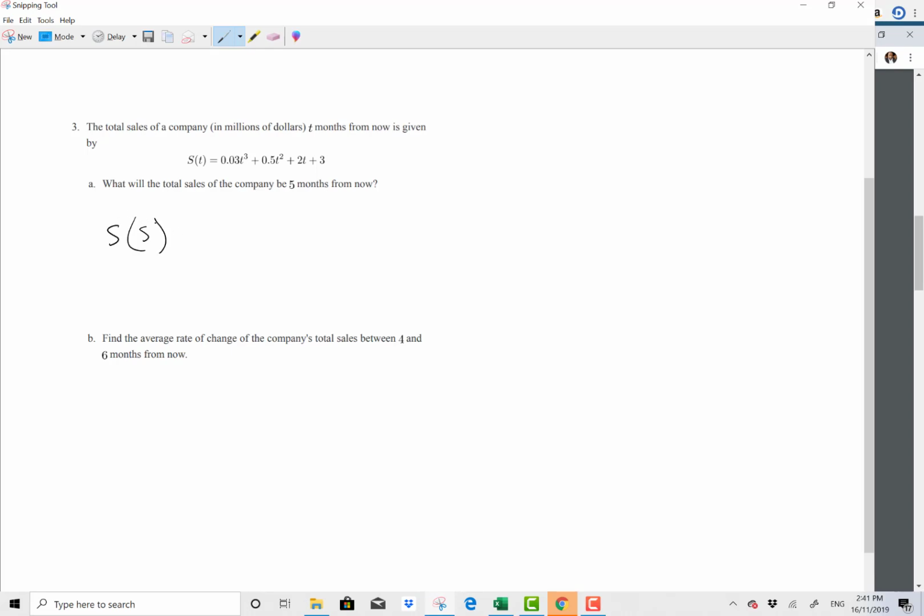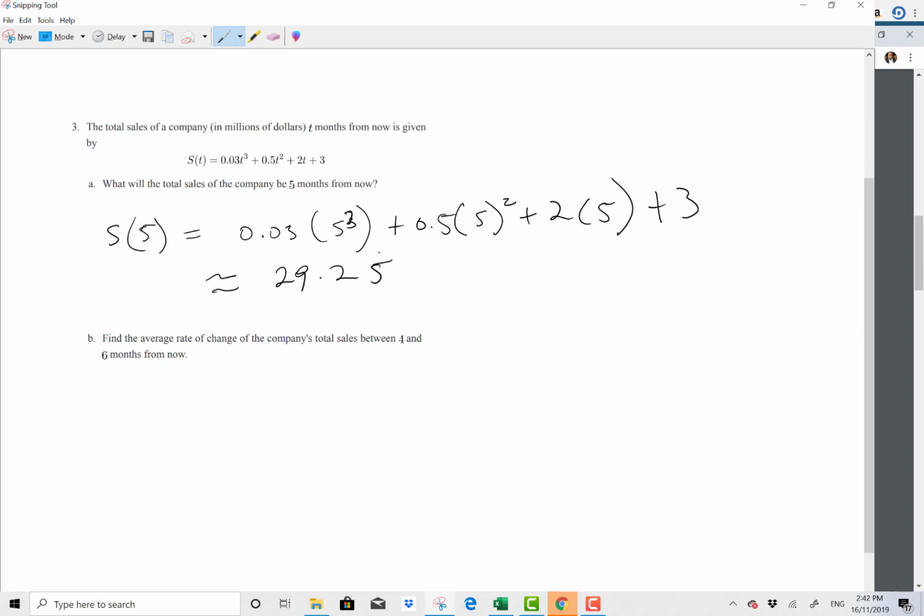So that's going to be S(5) equal to 0.03 times 5 cubed plus 0.5 times 5 squared plus 2 times 5 plus 3. If I work this out, this is going to give me approximately 29.25 million.